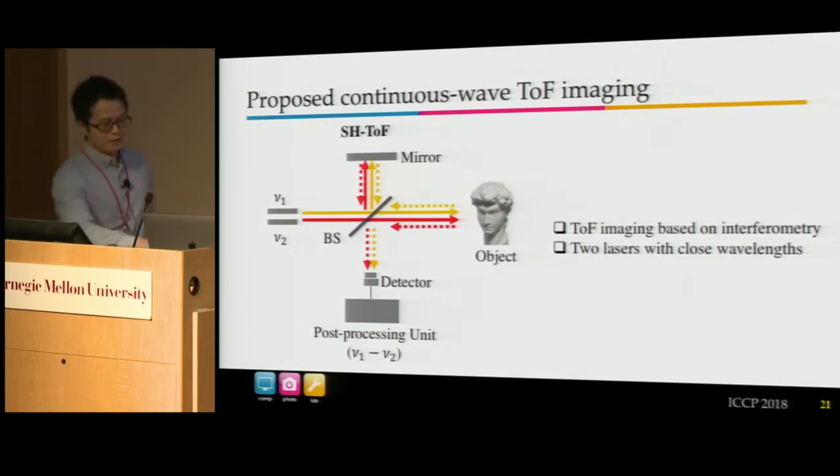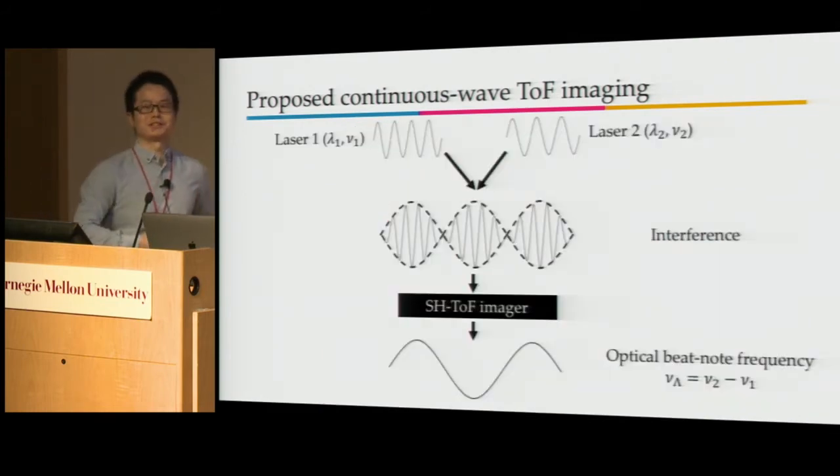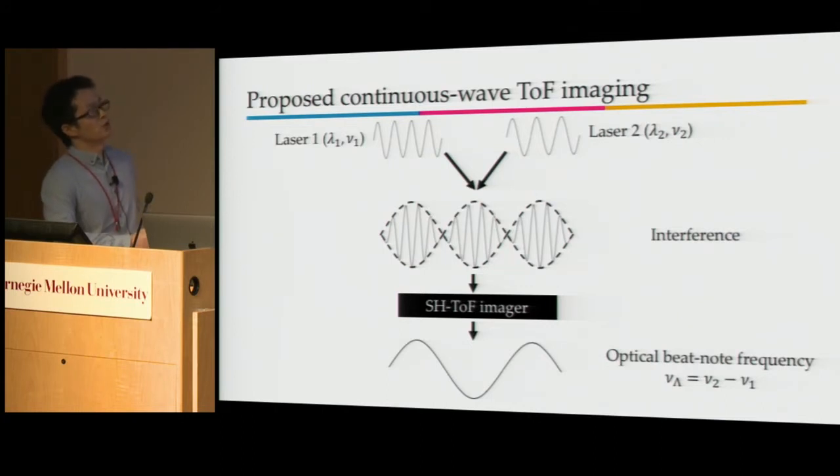Intuitively, you can think of it this way: we have two laser beams coming from the source, and they will interfere with each other. In the interference signal, you will have two components. One is the high frequency component, and the second is this low frequency envelope, which is the optical beat frequency.